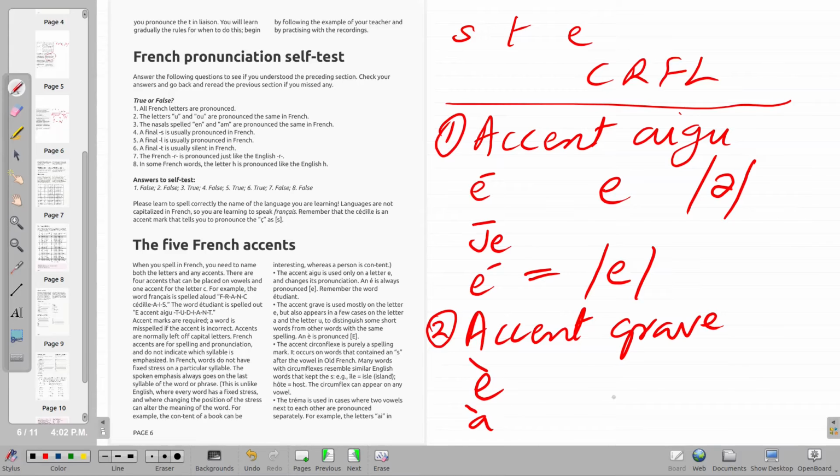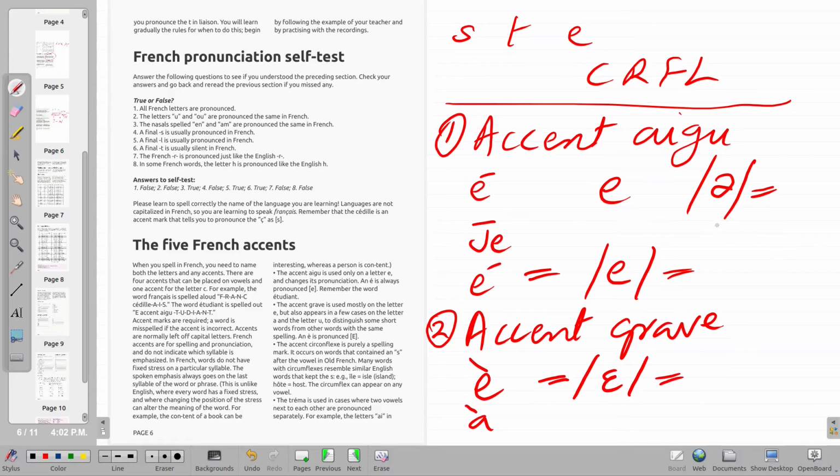When grave accent is on an E, that E is pronounced è. So now you see 3 pronunciations of the letter E: e, é, è.